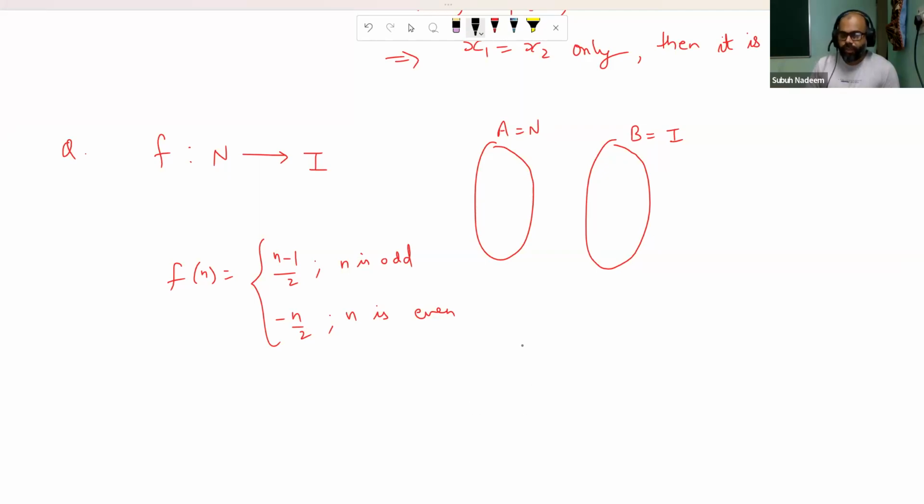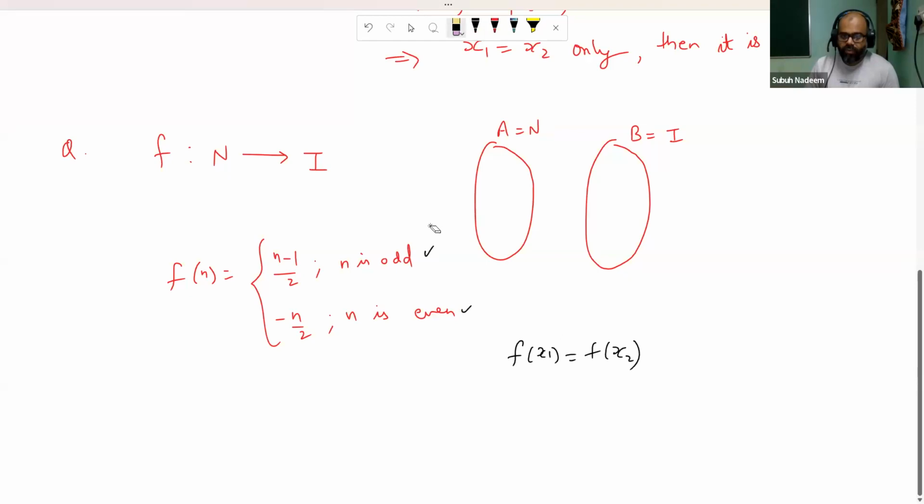So here, if you try to apply f of x1 is equal to f of x2, the challenge is that the function has not only one definition, it has two definitions, depending on whether x1 is even or odd. So that will not help, because we don't know whether to take the first one or the second one for f of x1, and the same for f of x2.